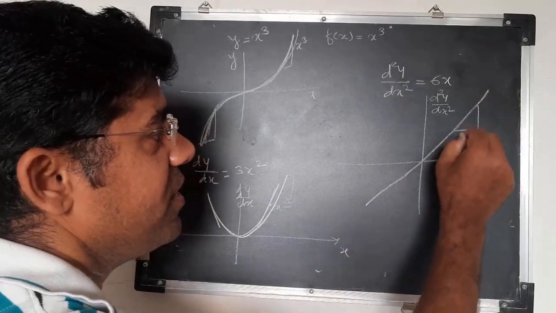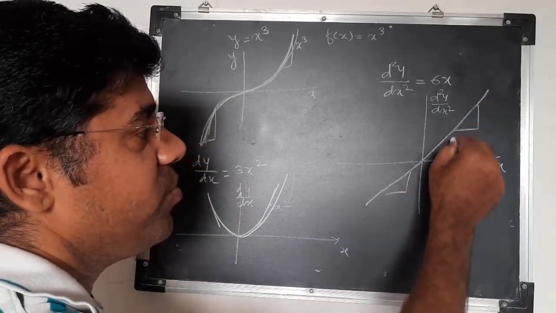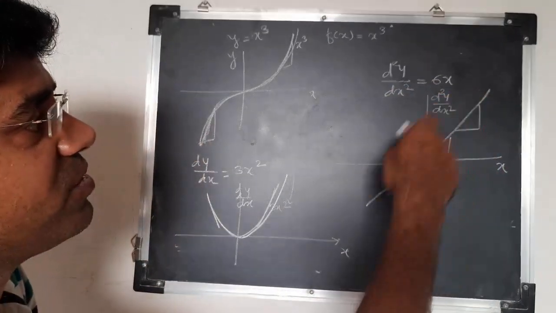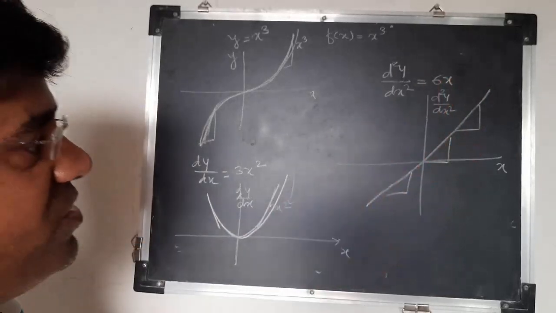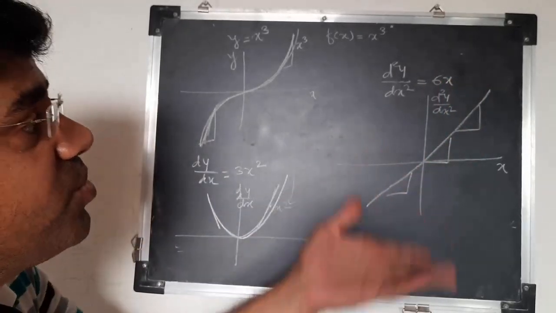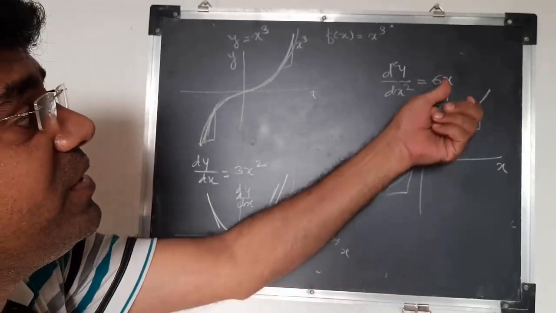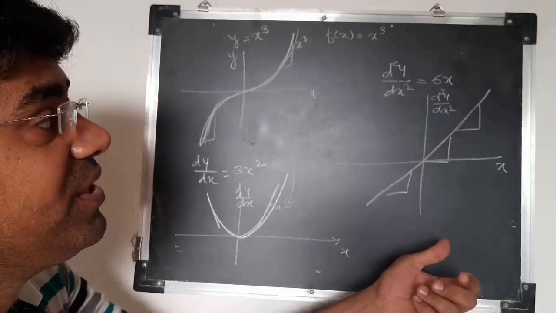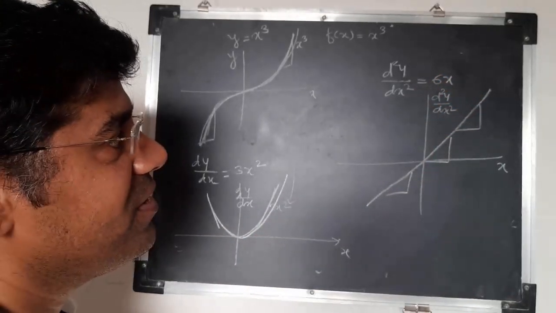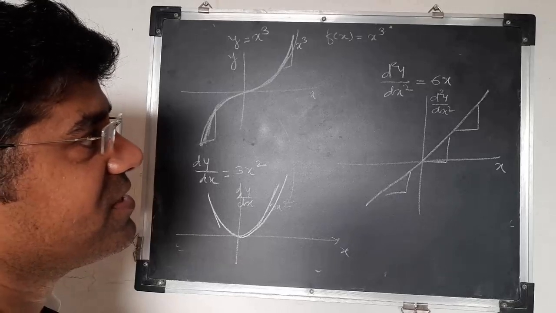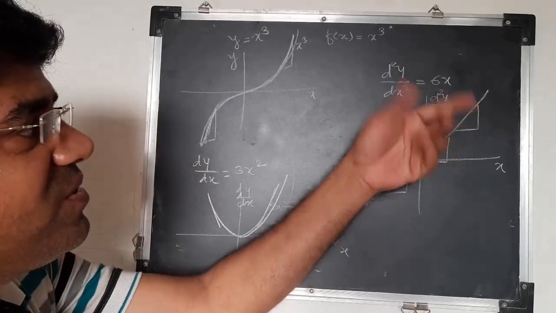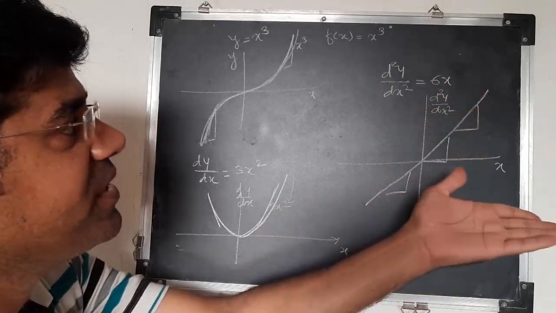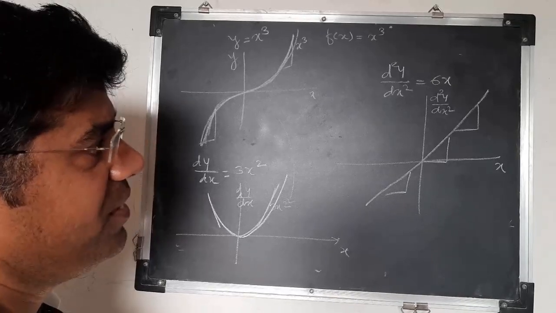Over this particular line you can take any points and find the slope, which is constant. Again if we do the third order, you will get a 6. But this is independent of your variables. x is not there, so you just get one constant value.